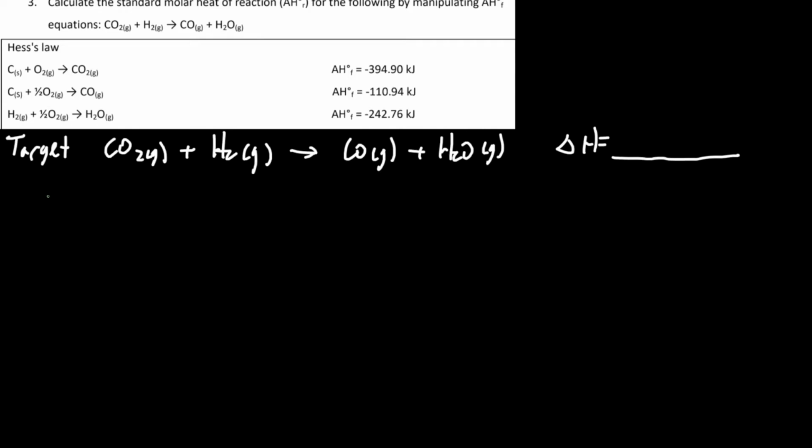Alright, so for this next equation, we have our target equation of CO2 gas plus H2 gas produces CO gas plus H2O gas, and we need to find the delta H value.